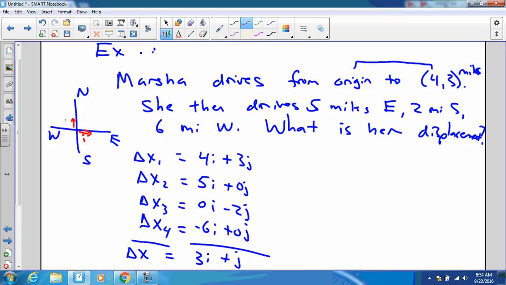And so i is right here, and j is right here, and that gives us a nice coordinate system with i and j as the basis vectors. And the displacement of 3i plus j would then be i times 3, or 3i, plus j is my overall displacement.